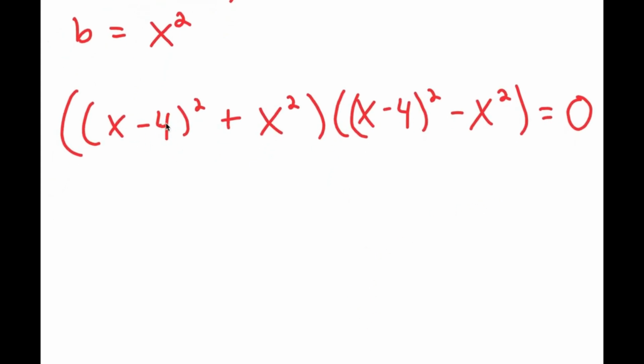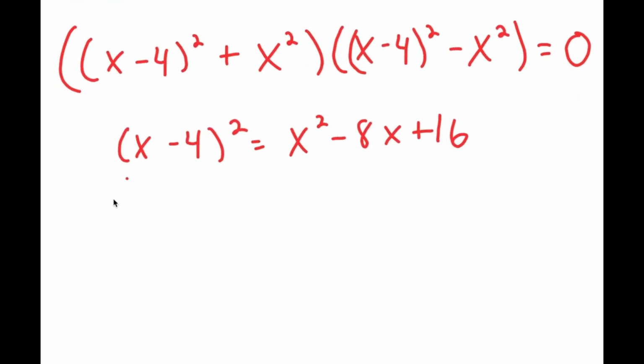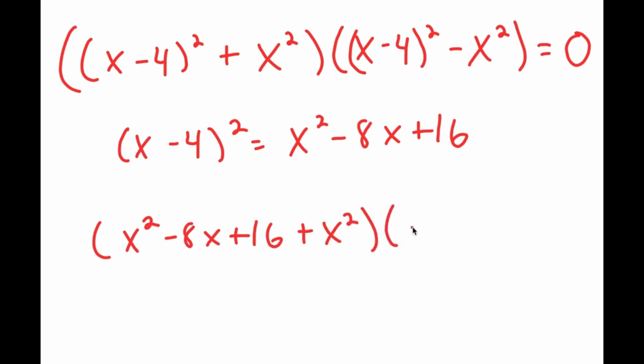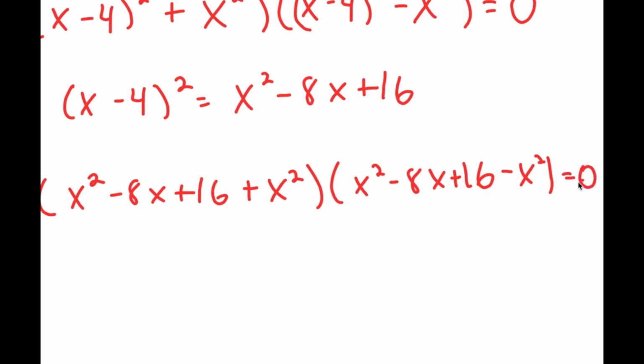Now from here, I'm going to expand (x − 4)^2. So (x − 4)^2 is equal to x^2 − 8x + 16. So over here, I get (x^2 − 8x + 16 + x^2)(x^2 − 8x + 16 − x^2) = 0.